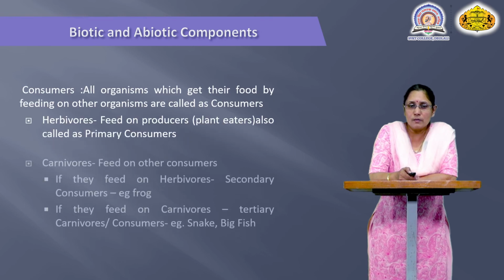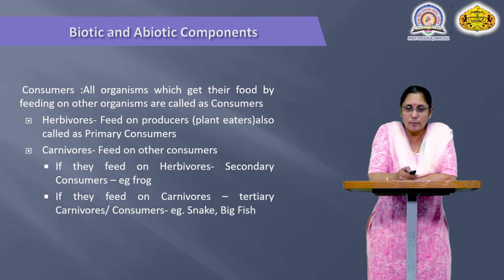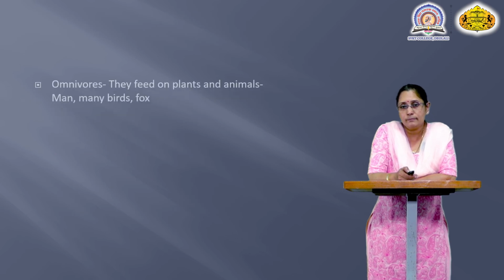So consumers are herbivores and carnivores. Herbivores, which are the primary consumers, feed on the producers; we also call them plant eaters. Carnivores feed on the primary consumers. So this is about herbivores, carnivores, and consumers, all biotic factors.